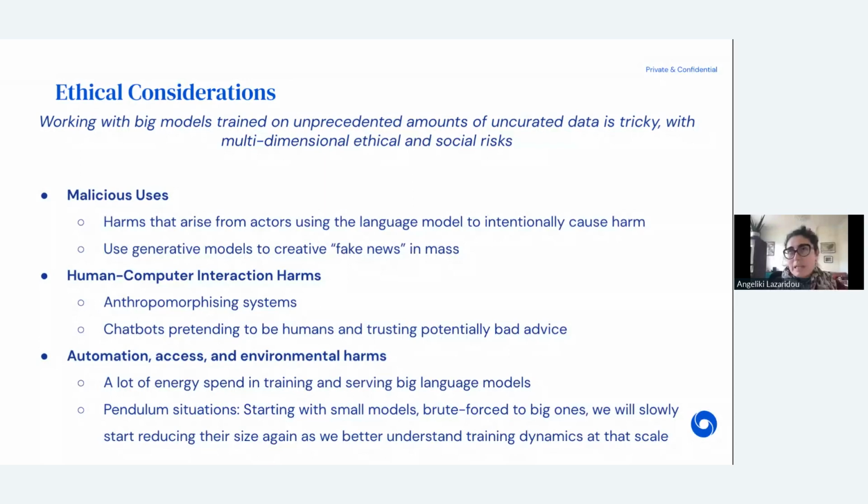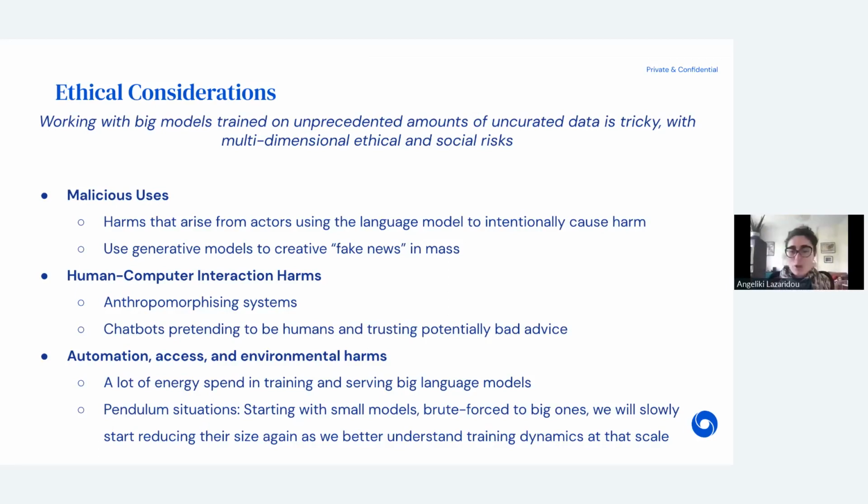Of course, with any application, there are the good usages, but there are also the bad usages that arise from actors, for example, using language models to intentionally cause harm. Now you would think, how can an actor, or how can I cause harm with a language model?